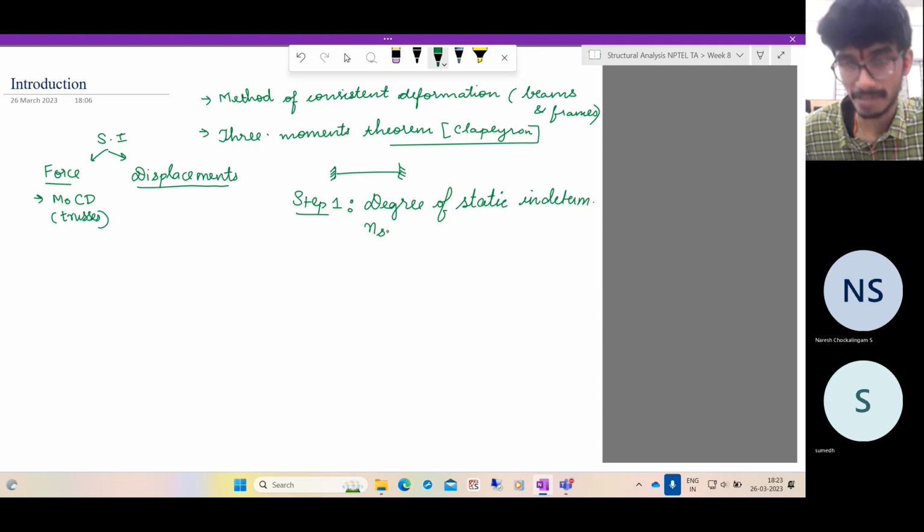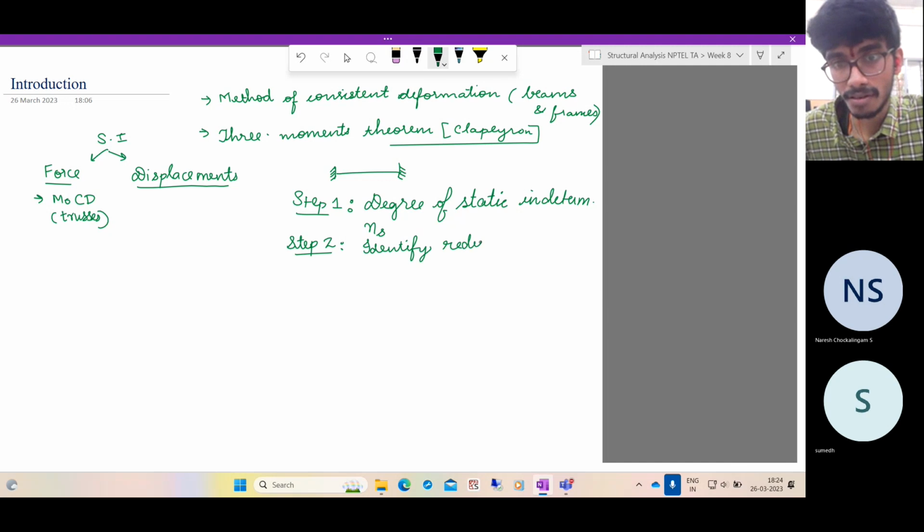Let us call it NS. Once we have determined the degree of static indeterminacy, the next step is to identify redundant forces or reactions. In the context of beams, let me call both forces and moments as some generalized forces.